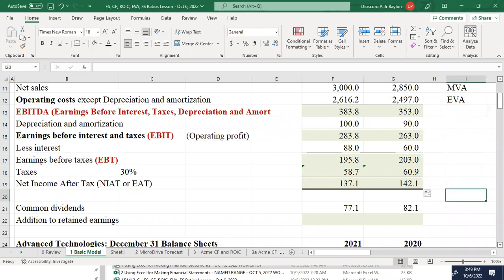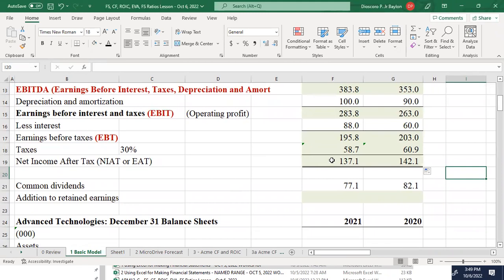All right, so this is our net income after tax. Now, management, through the board of directors, of course, will make a decision whether the company will distribute dividends, right? Remember, one of the main functions of finance is the dividend distribution decision making.